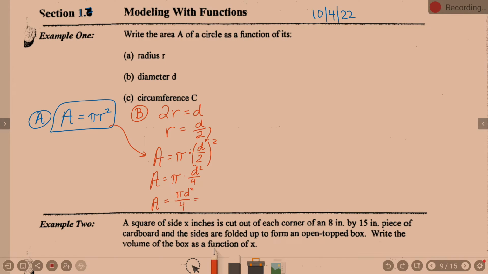Or what I think I tend to say is pi over 4 times d squared. Any of those would be equivalent. Okay, so there's not just one right answer here. Any of these last three are really equivalent.